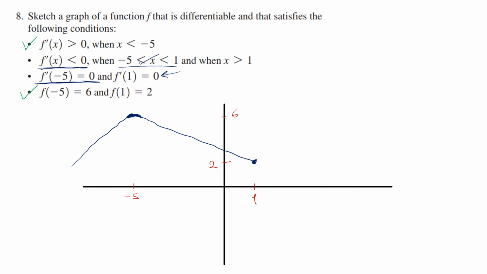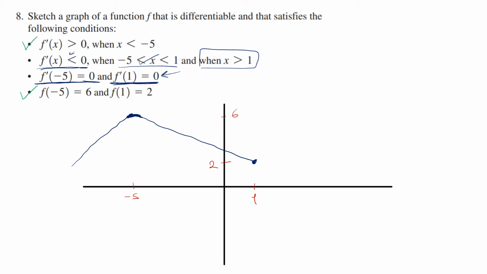Now I came to x equals 1. I know the derivative equals 0. I don't know if it's a minimum or maximum at this point, but I'll have this curve-like structure. And it also says my derivative is negative when x is bigger than 1. So from 1 and onwards, I also have the function decreasing.